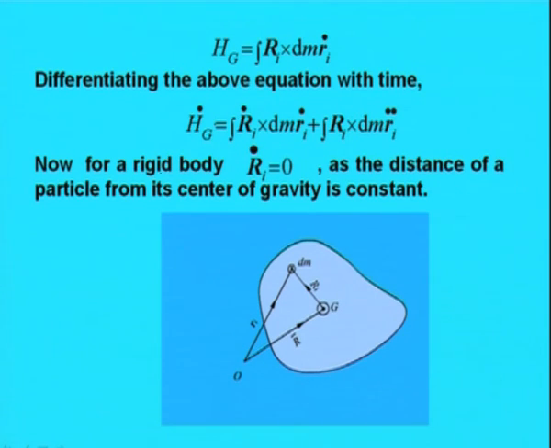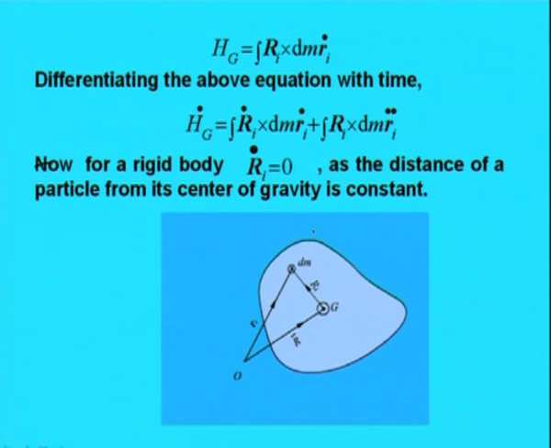Now, it can be easily shown that if the body is moving in a translatory mode, then Ri remains in the same direction and Ri dot is 0, because the distance between the particles of a rigid body cannot change.